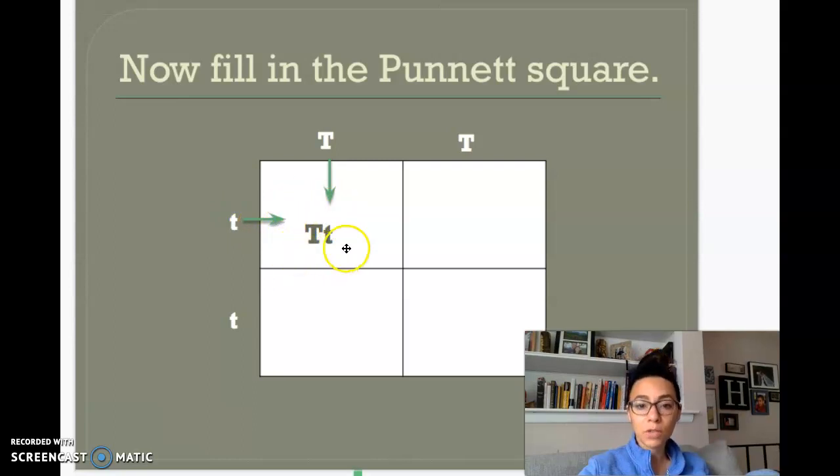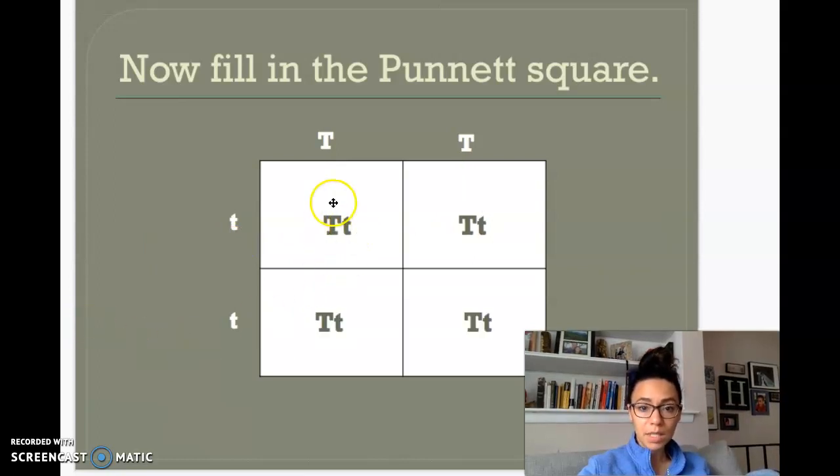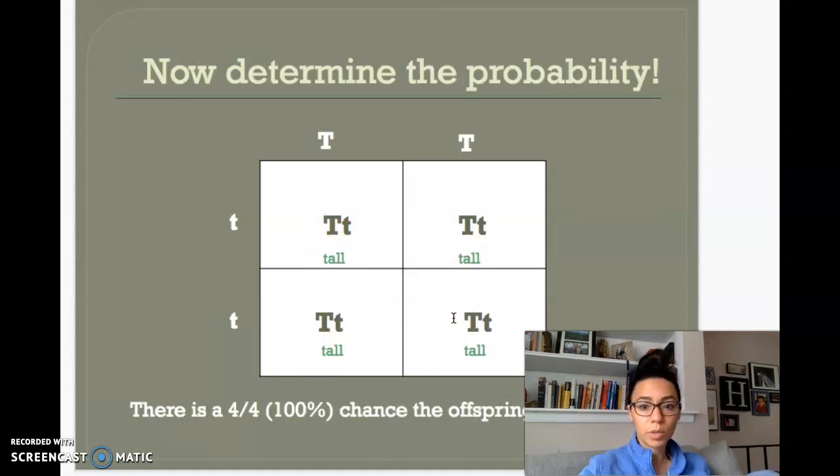So each box should have two alleles, one directly above it, one directly coming from the side. You just do the same thing for each box. So each box will have capital T, lowercase t. And if the capital T is the dominant allele for tall, all of these offspring from this cross will be tall, 100%.